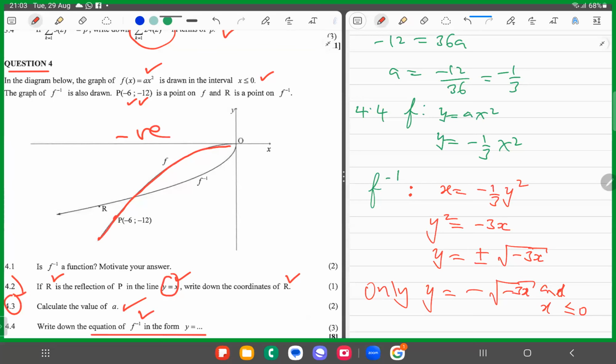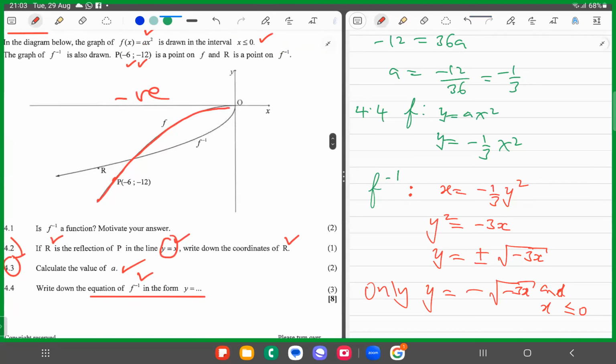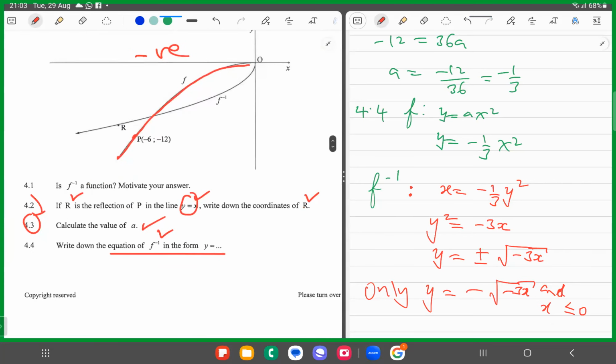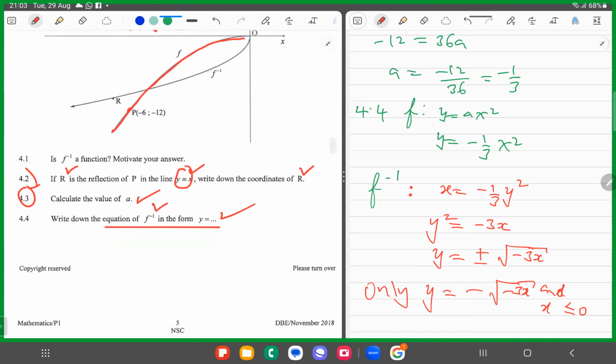Now let's continue. So we have written the graph of the inverse in the form y equals something, and we have answered the question.